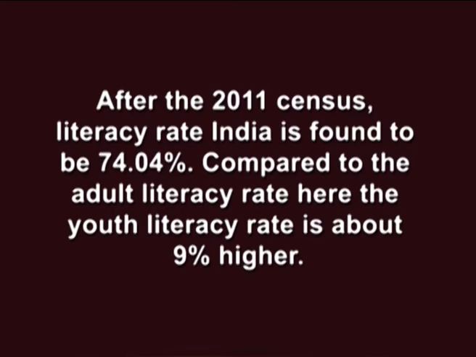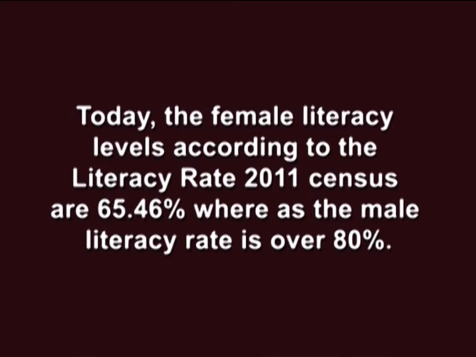Compared to the adult literacy rate, here the youth literacy rate is about 9% higher. Today, the female literacy levels according to the literacy rate 2011 are 65.46%, whereas the male literacy is over 80%.